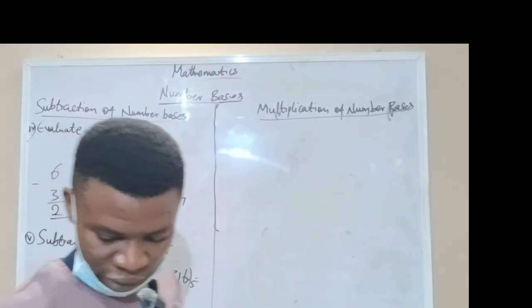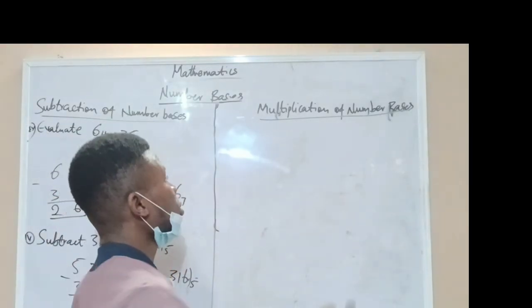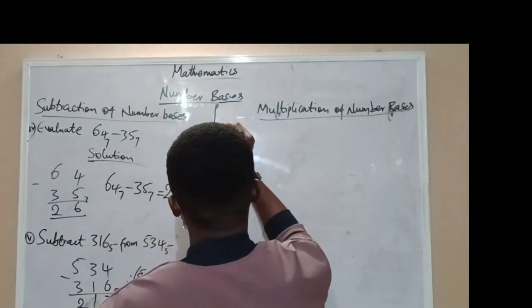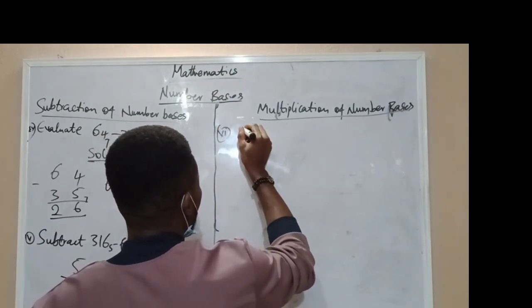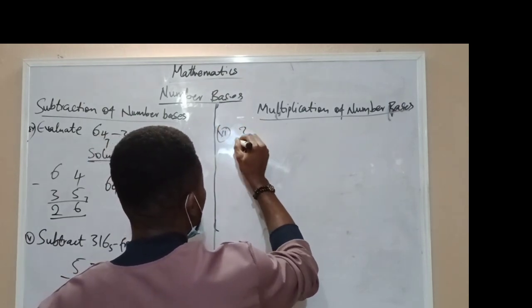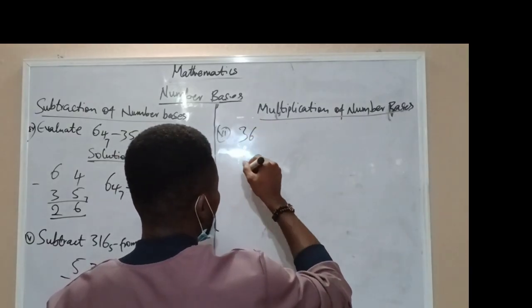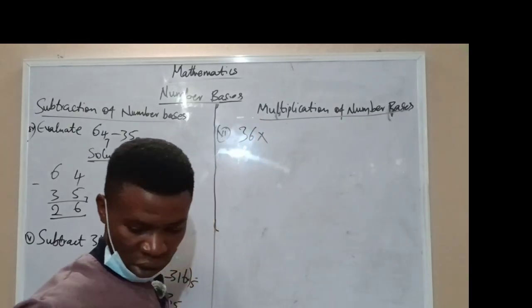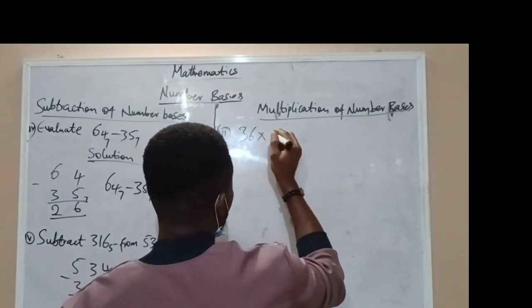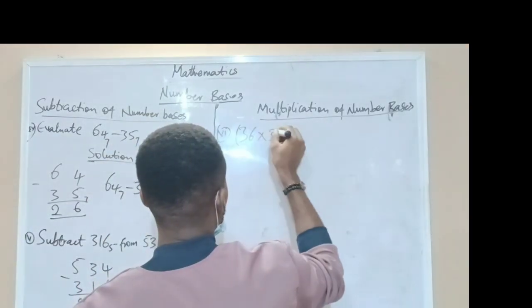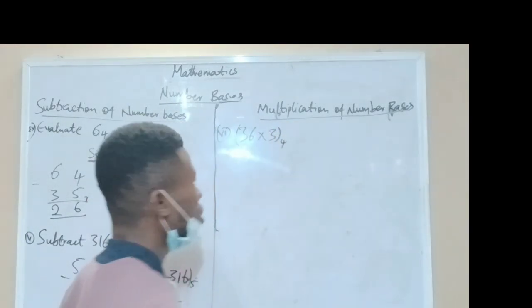Now the first one says 32 times 3 in base 4. As you can solve, we are 36 times 3, all in base 4.